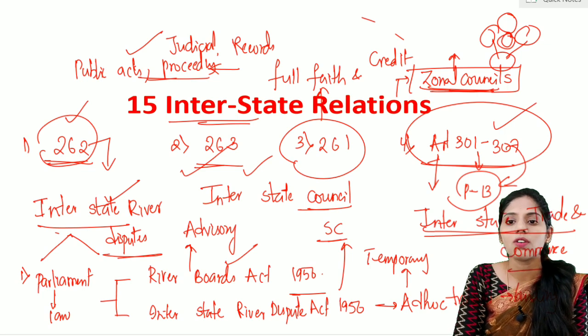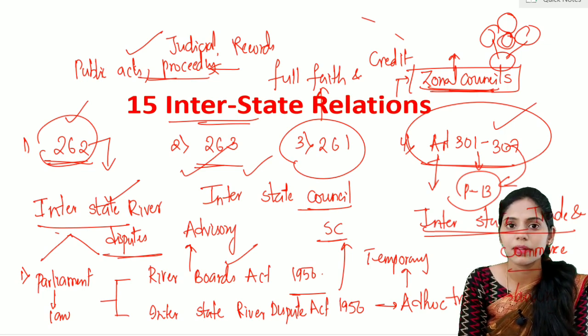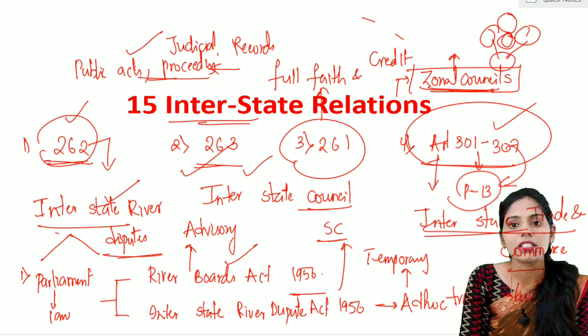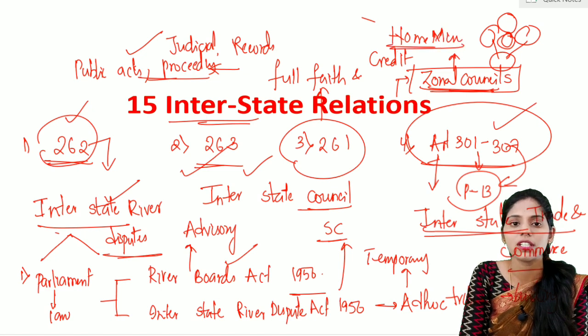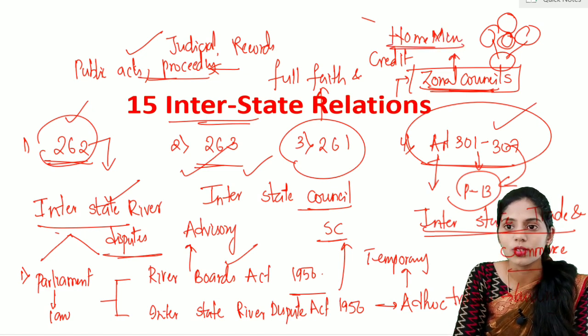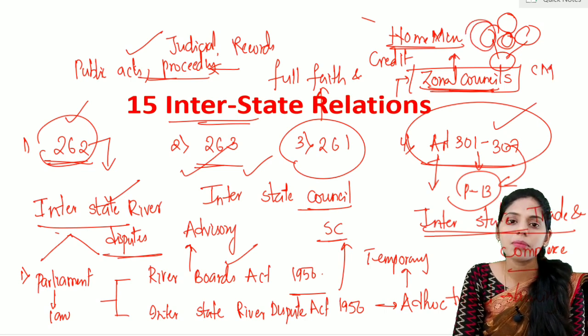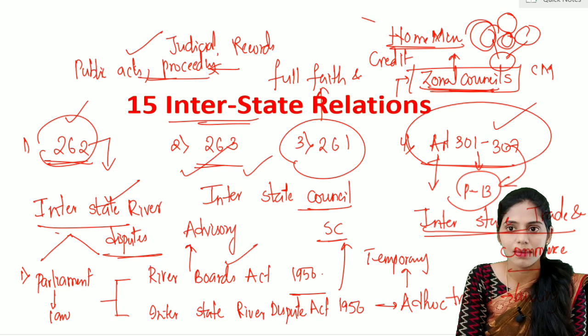In this Zonal Council, the important members include the chairman and the other members. The chairman is the Union Home Minister, and the vice chairmen include the CMs of that zone. If you see the western zone, there may be about 4 to 5 CMs that come under this.